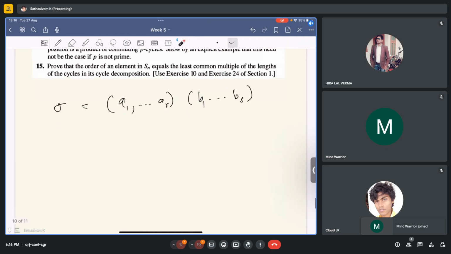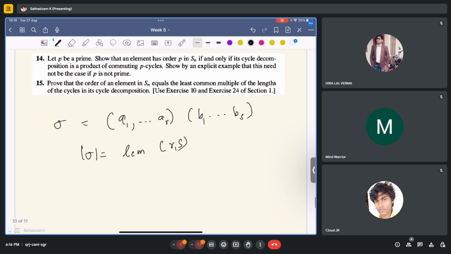You want to look at the order of this sigma. The order of this sigma is nothing but the LCM of r and s. That is what this particular thing says.